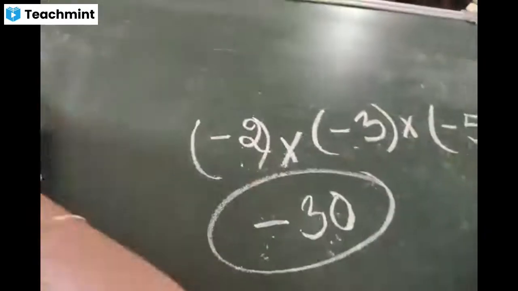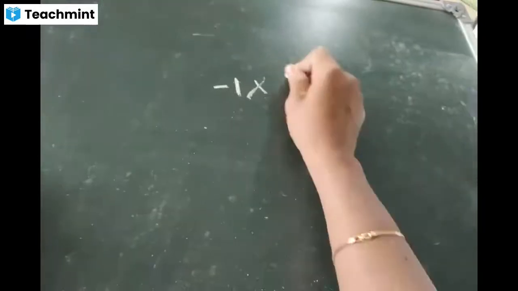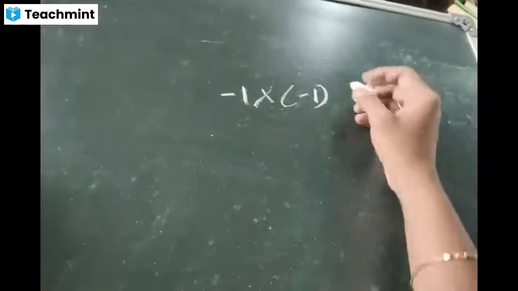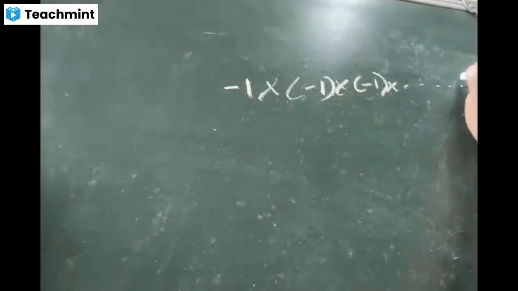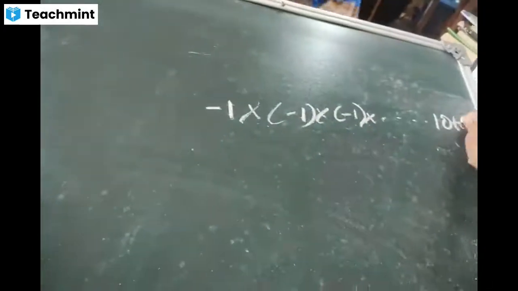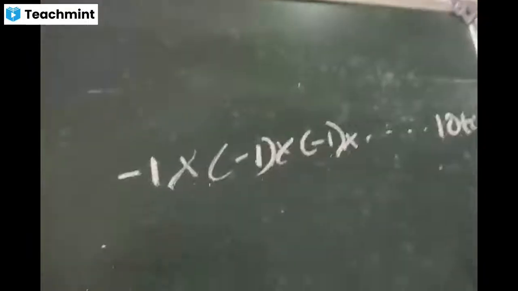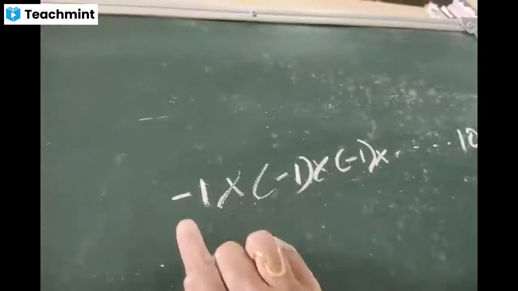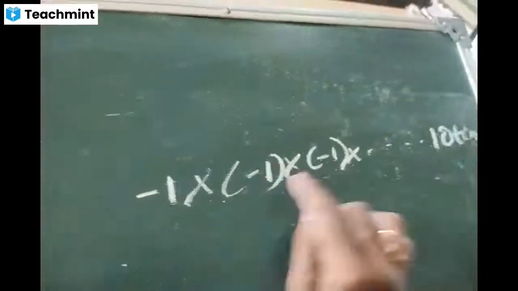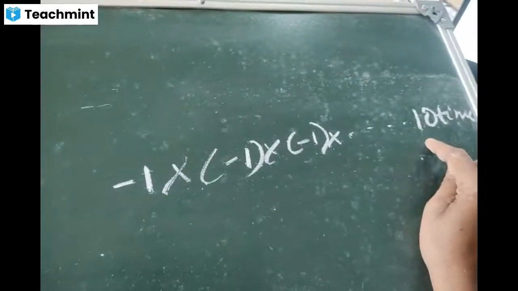Next question. Minus 1 into minus 1 into minus 1, 10 times, equals what? Remember one thing: if you multiply negative integers even times, even means 2, 4, 6, 8, 10, we will get a positive integer.